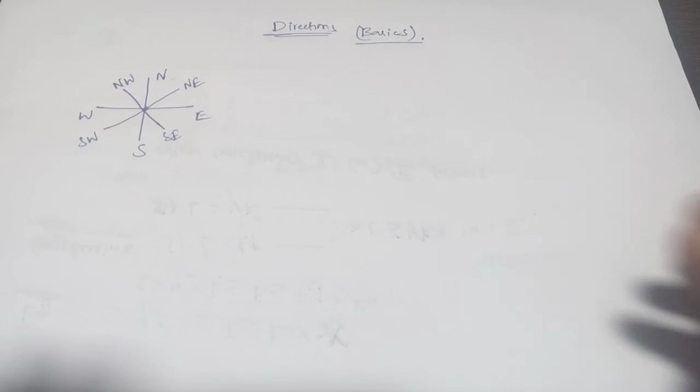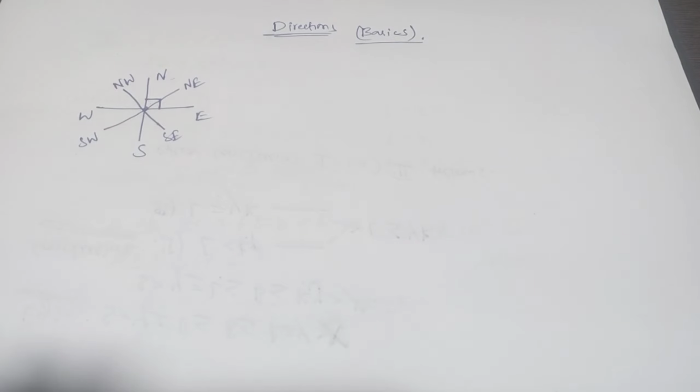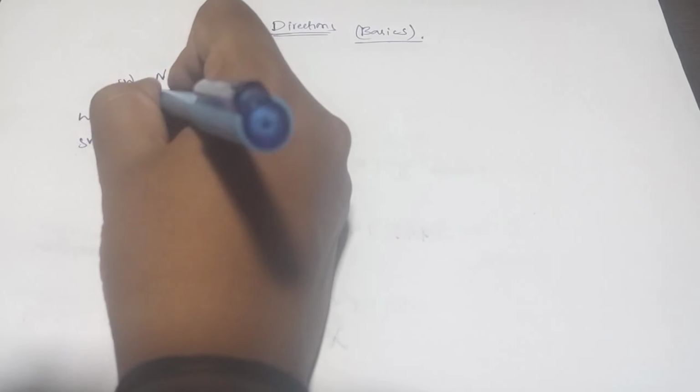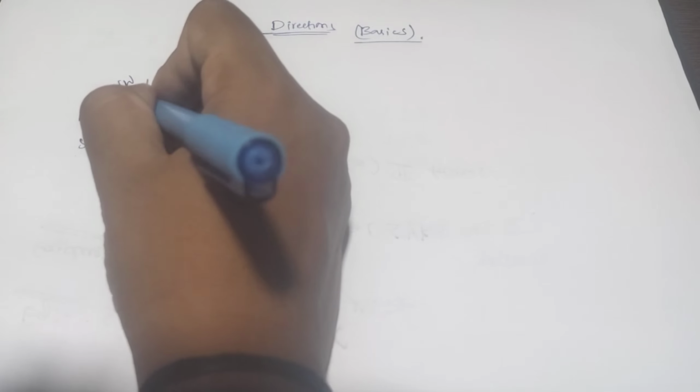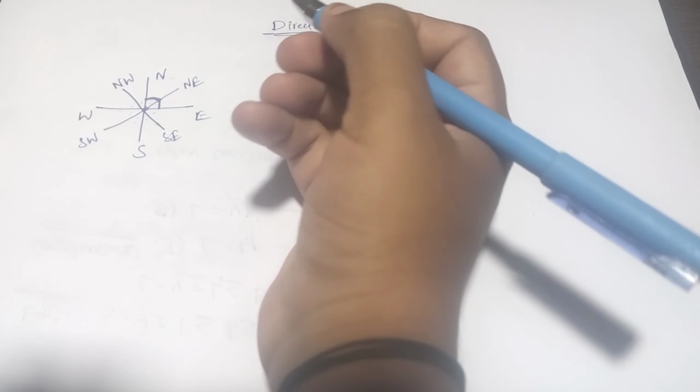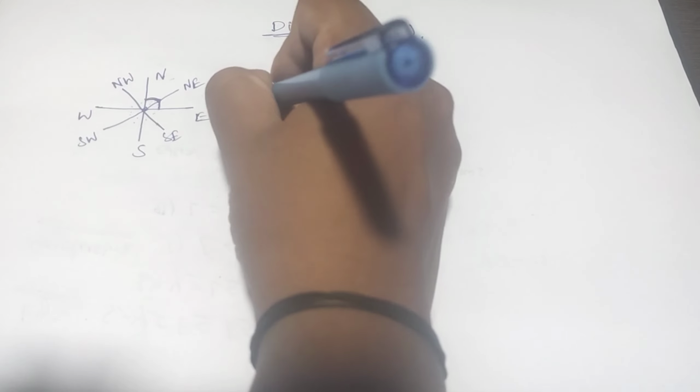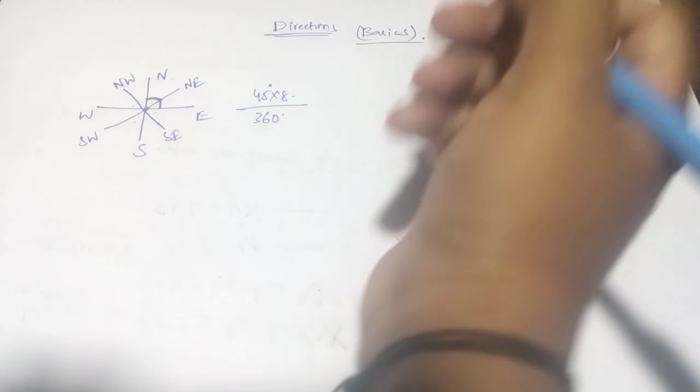Now, this total part comes under 90 degrees. This particular part, we take it as 45 degrees, right? Now, how many 45 degrees? 1, 2, 3, 4, 5, 6, 7, 8. 8 number. 45 into 8, that is 360 degrees.